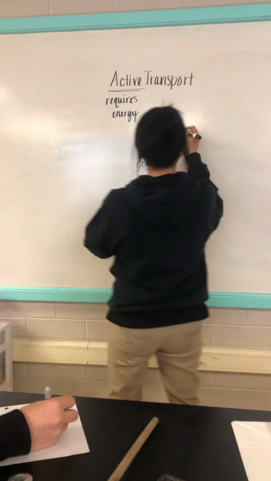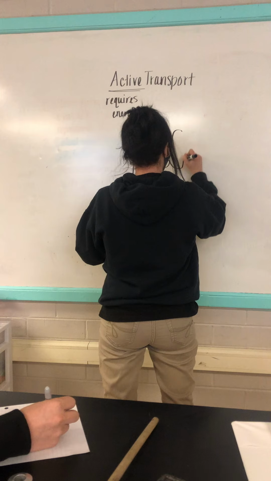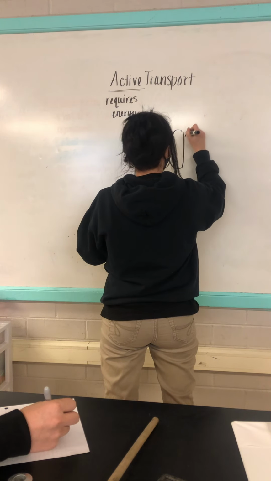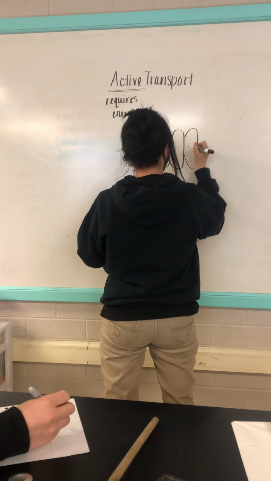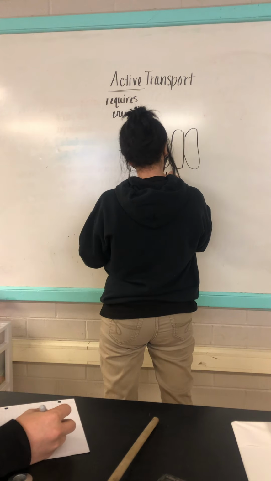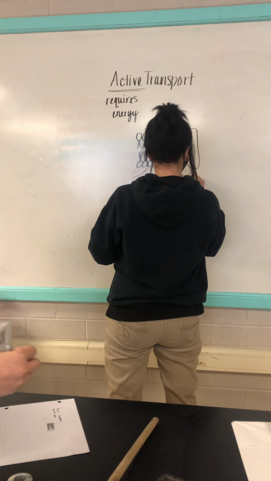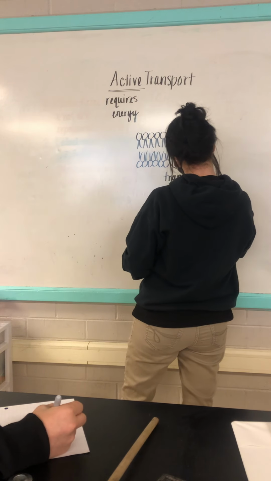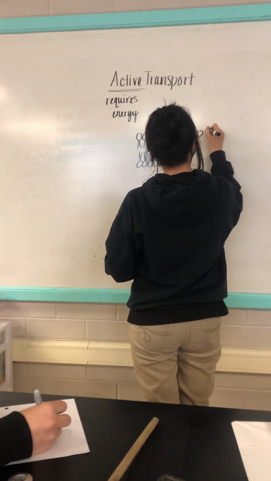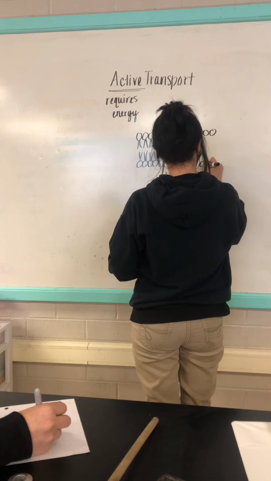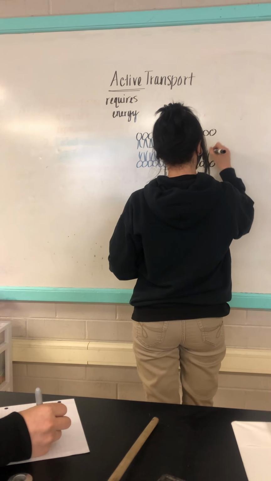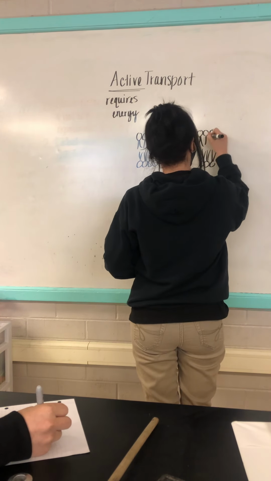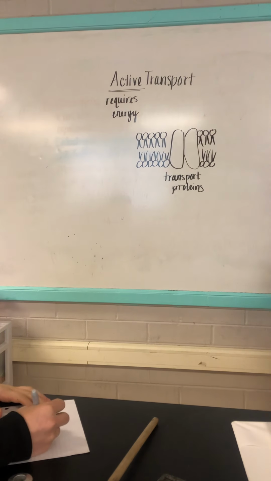Within this phospholipid bilayer, you can have proteins. These are transport proteins. So you still have your layer going on past these. These are just kind of plopped into the phospholipid bilayer.